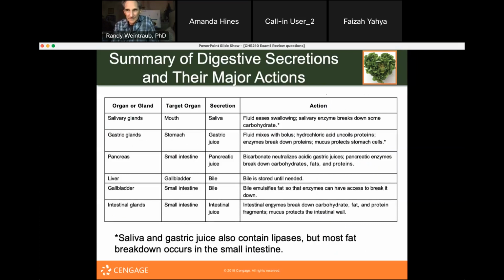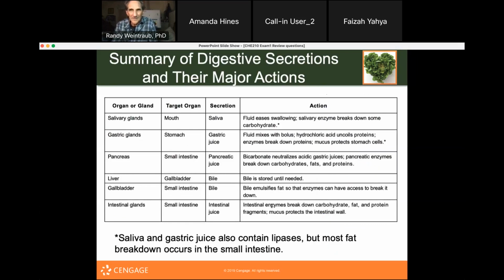Another important graphic in the text, which is kind of similar to the figure that we saw earlier, but an important one to look at and think about. For instance, the role of bile. I did mention the gallbladder.